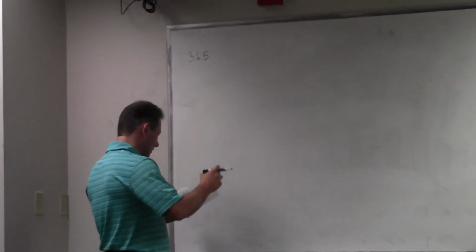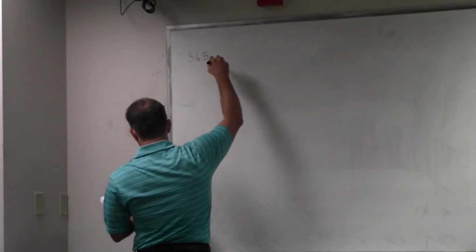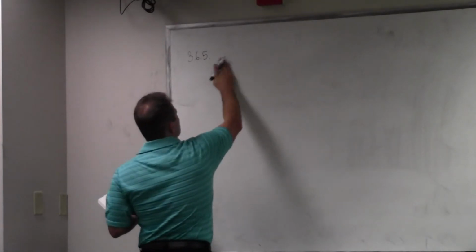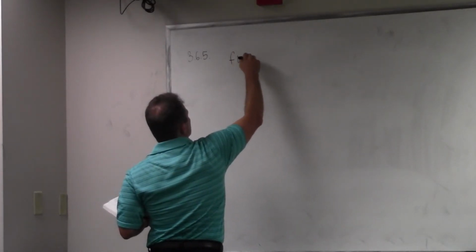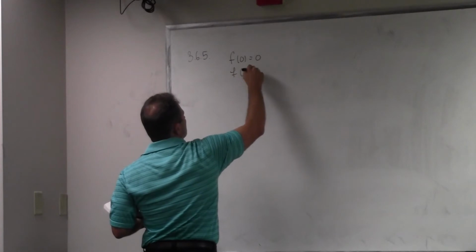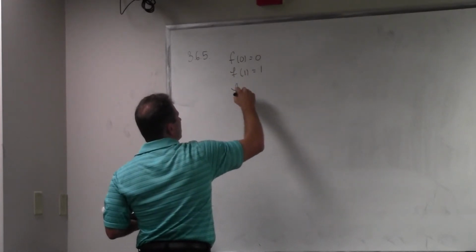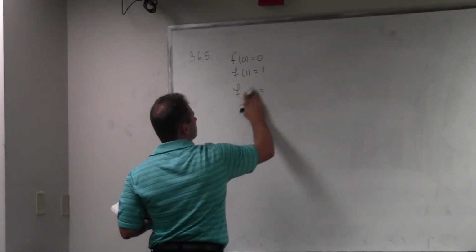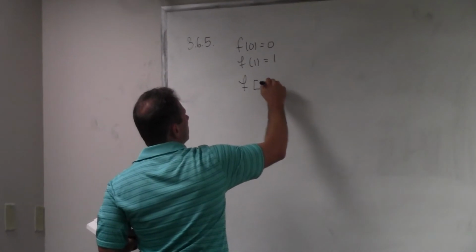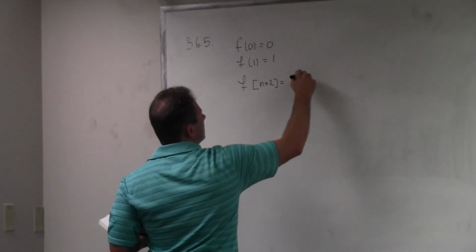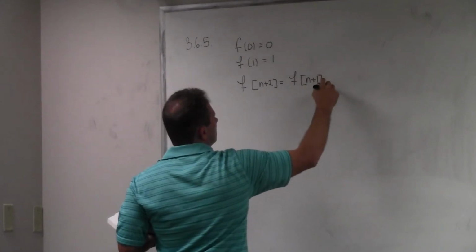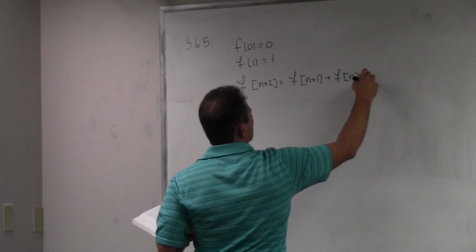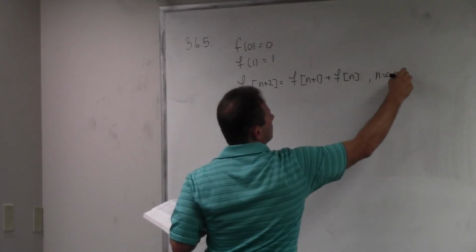All right, so Fibonacci numbers are defined, let me just list them here: 0, 1. So you start with 0 and 1, and let me call f of 0 equal to 0, f of 1 equal to 1, and then f of n plus 2 is equal to f of n plus 1 plus f of n, for n equal to 0, 1, 2, and so on.